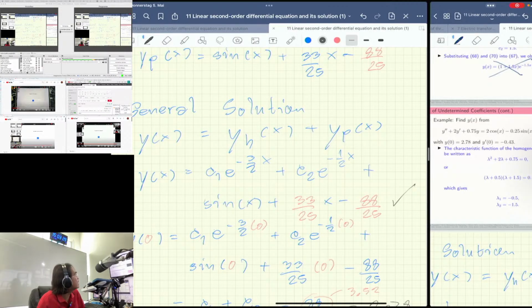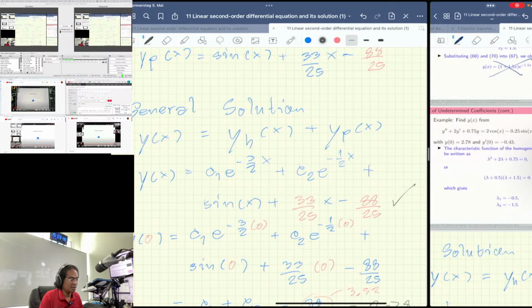Okay, that's the link for checking the solution. I'm not sure whether this website will accept the initial condition or not.